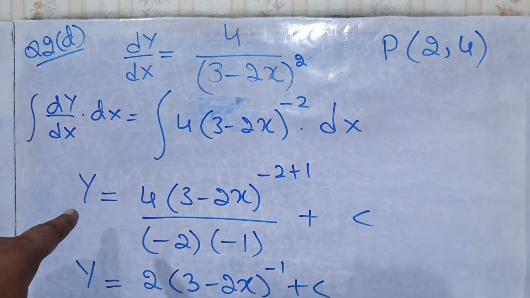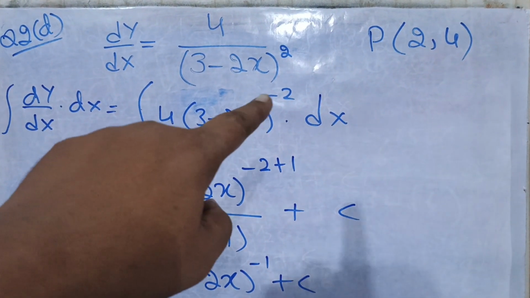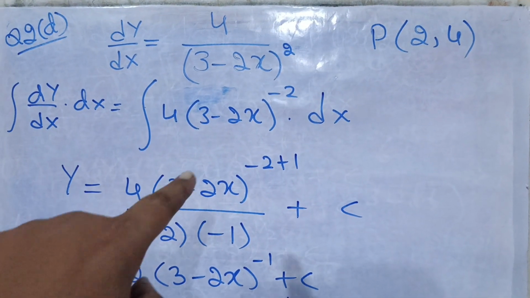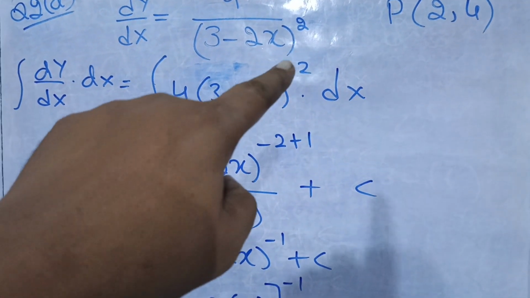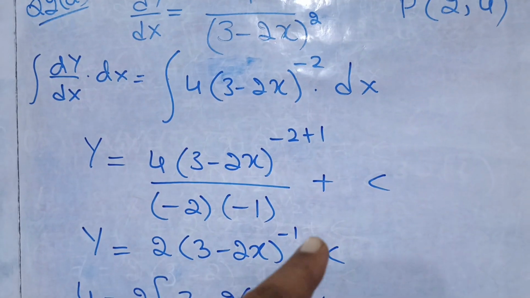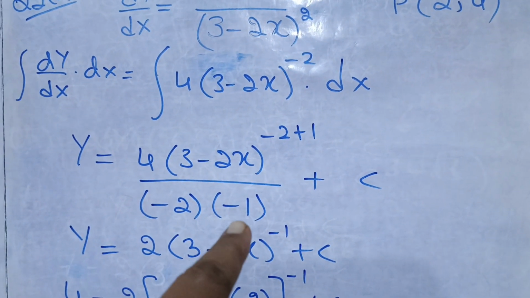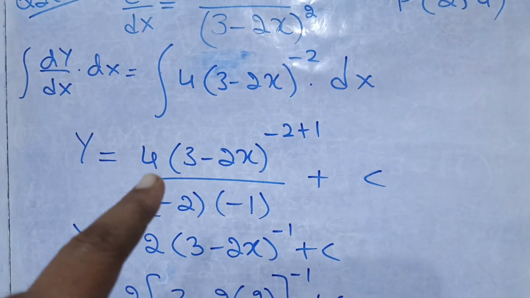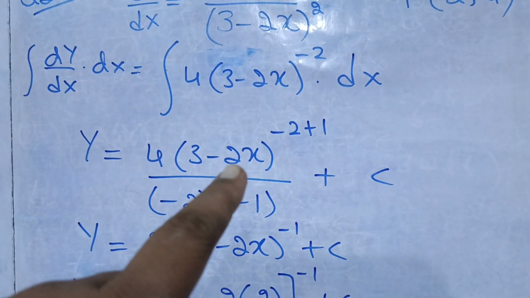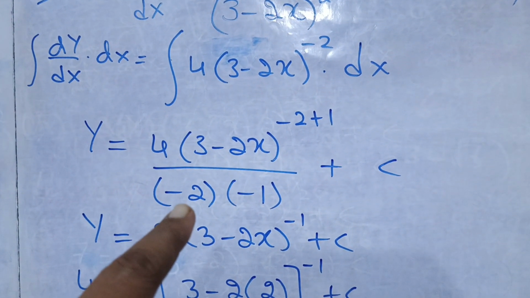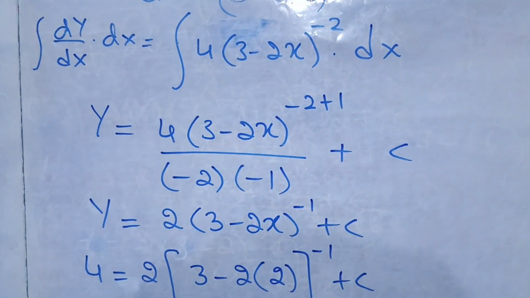So when you integrate this side, it will become y. When you integrate this, 4 will remain as it is. Here, the power will be increased by 1, and with the same number I will divide. Minus 2 plus 1, that's minus 1. That's why I have divided by minus 1 here. And the coefficient of the x here will also come downstairs, and plus c.